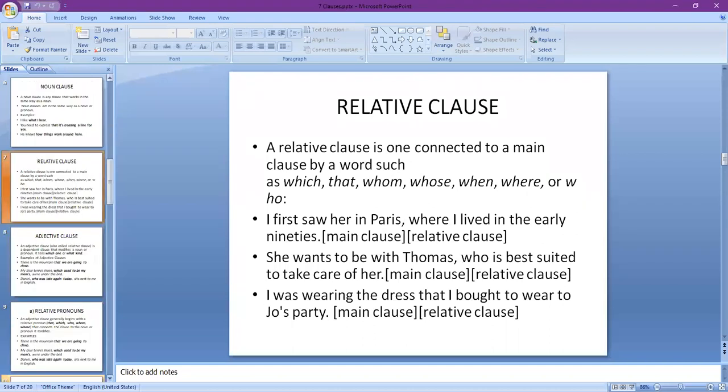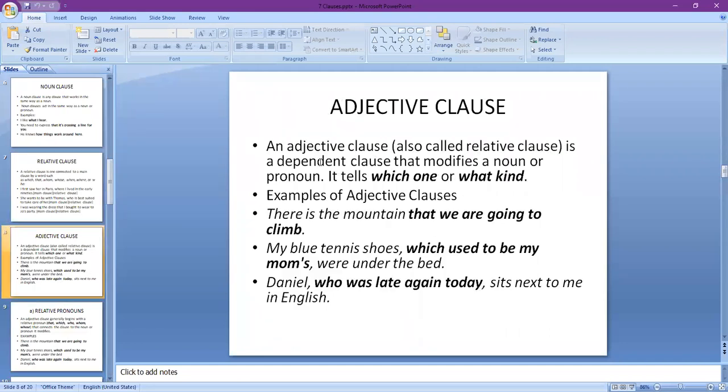Okay. Now, adjective clause. This works the same as the noun clause. An adjective clause is a dependent clause that modifies a noun. It explains the noun or pronoun.